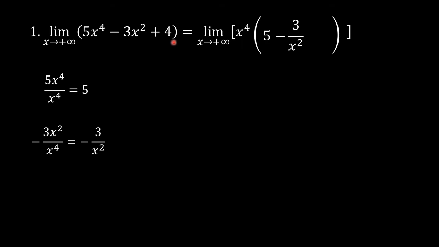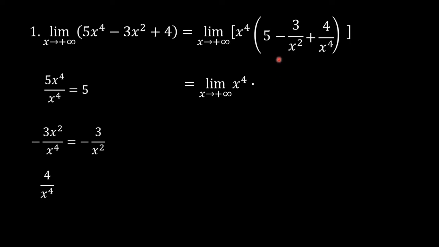Next, divide positive 4 by x raised to the exponent of 4. So plus 4 over x raised to the exponent of 4. Next, find the limit of x raised to the exponent of 4 as x approaches positive infinity.